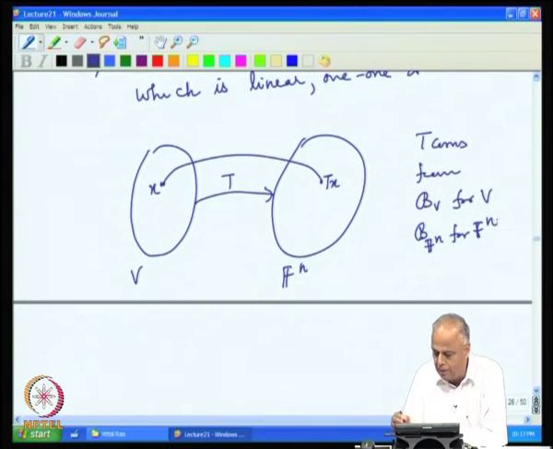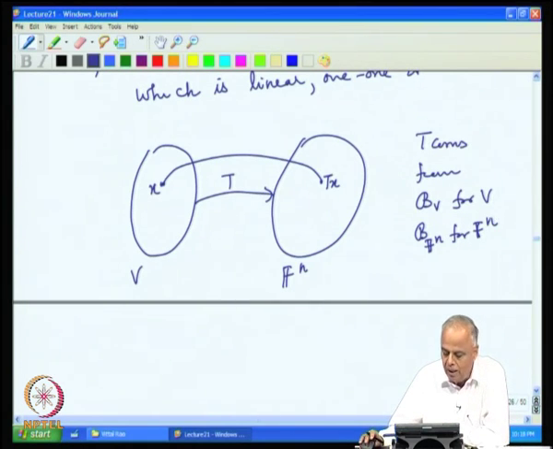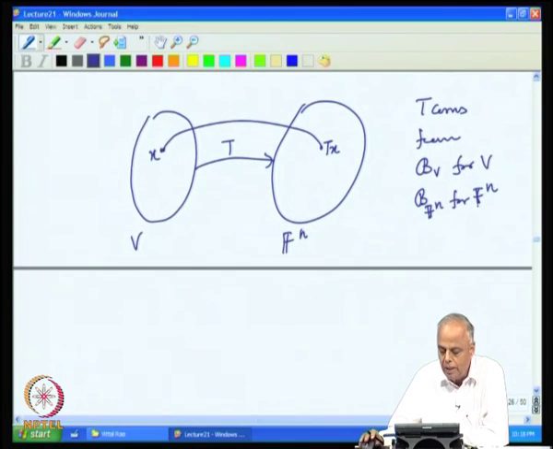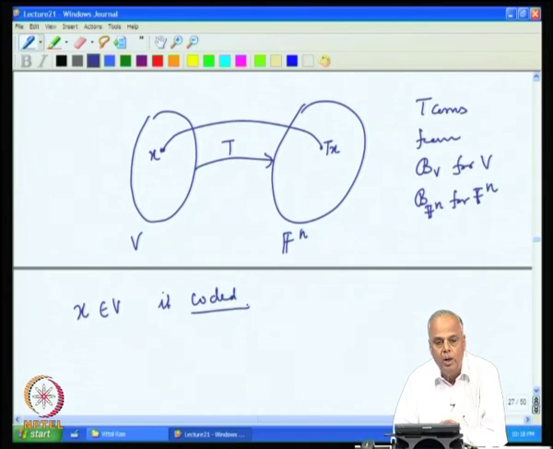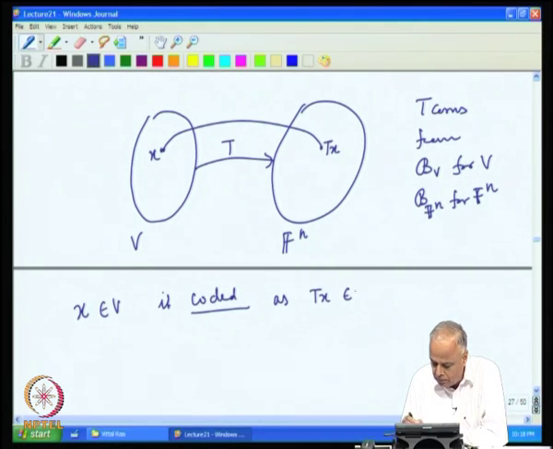Choose any two bases, one for V and one for F^n. As we have seen earlier, we can construct an isomorphism T from V to F^n. Suppose x is mapped to Tx under this transformation. What does that mean? The vector x in V is coded, or encrypted, as the vector Tx in F^n.